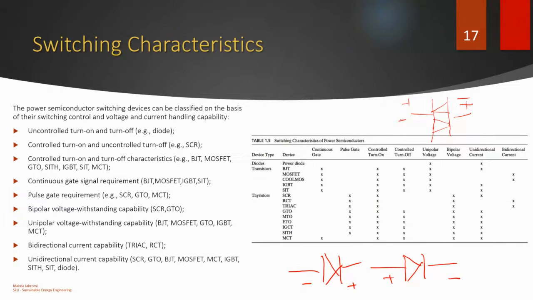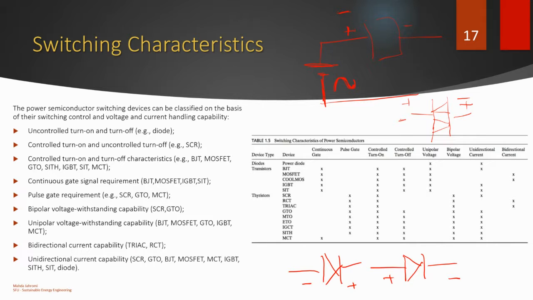So in an application where you have a battery that looks like this, this is an example of a unipolar. You always have the positive on this side, right? But if you have an AC source, then you might have a negative on this side. So that determines whether the switch can work in a unipolar situation or a bipolar situation.